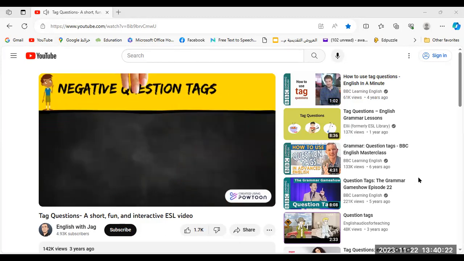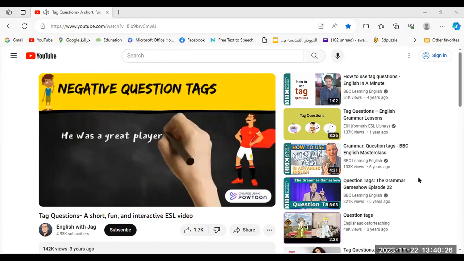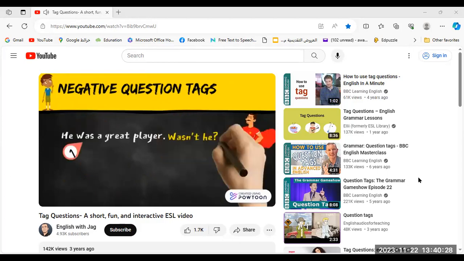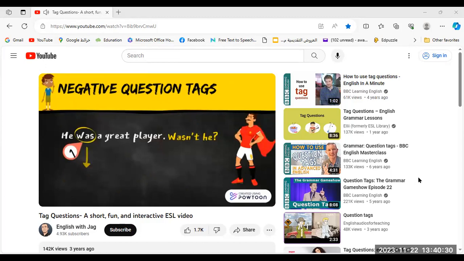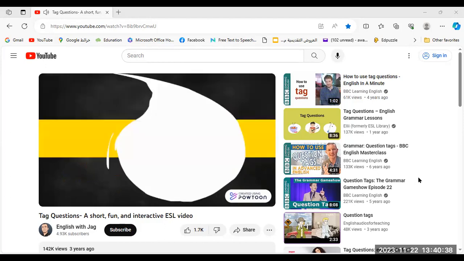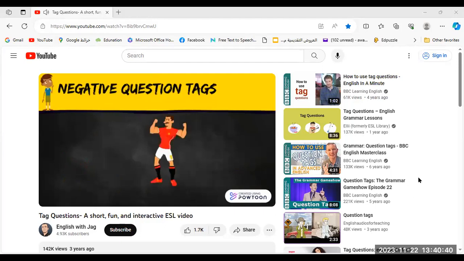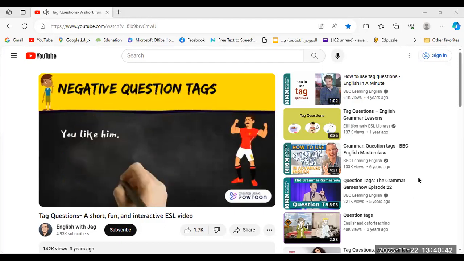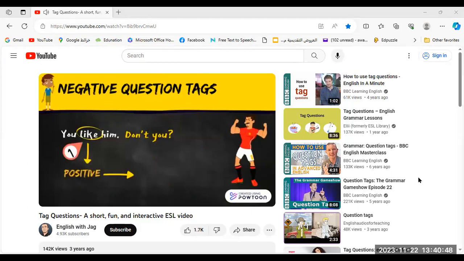This is another example with the verb to be. He was a great player, wasn't he? So remember, we change again the verb form was from positive to negative wasn't plus the subject pronoun he. When the sentence has other regular verbs in the positive form, we use don't or doesn't to make the question tags.